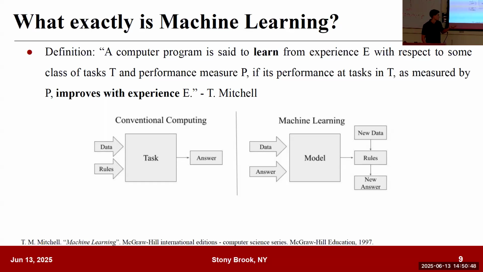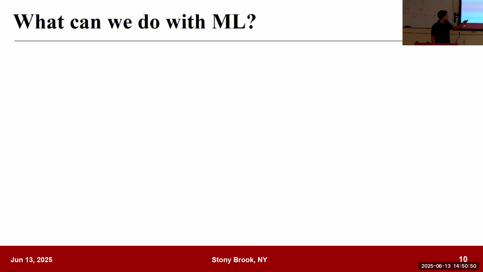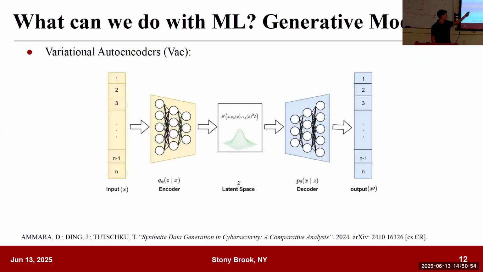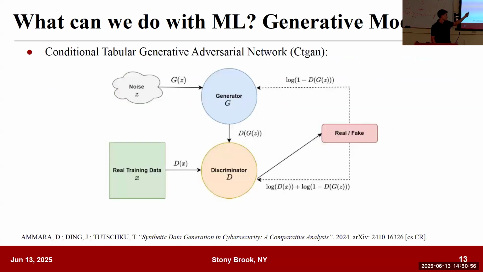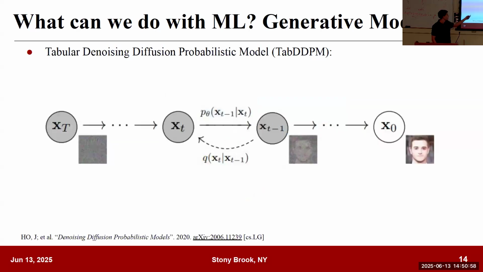So that's basically it. So what can we do with machine learning? We can do generative models. We can build variational autoencoders. We can build CycleGANs in general, and diffusion models. Those are all generative models that have the primary goal of generating synthetic data.